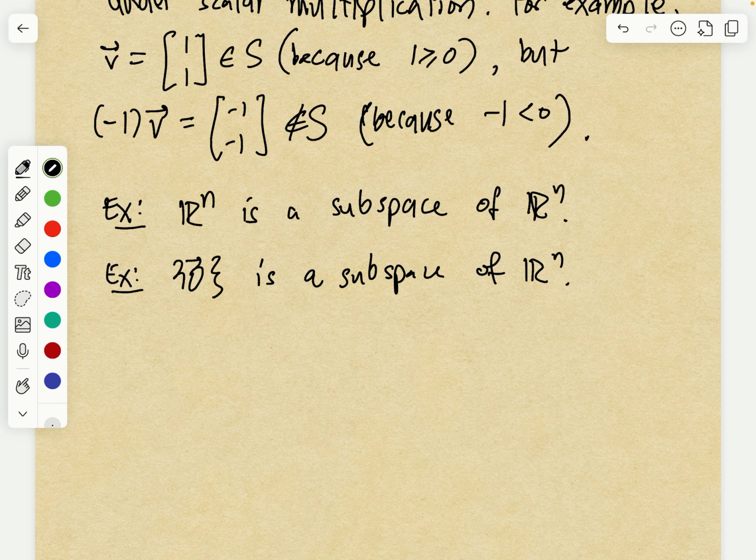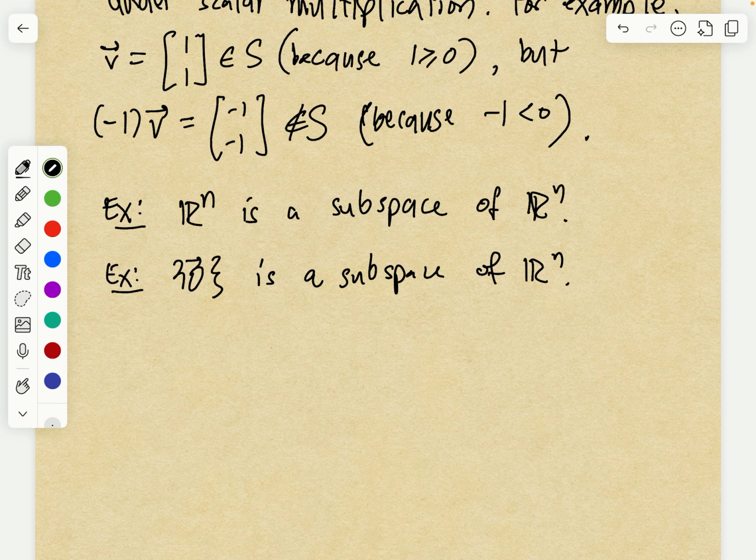Okay, why is that true? Well, this set is non-empty because it contains the zero vector, and it's closed under addition because the only vector in this set is 0, and the sum is the zero vector, which is in the set.